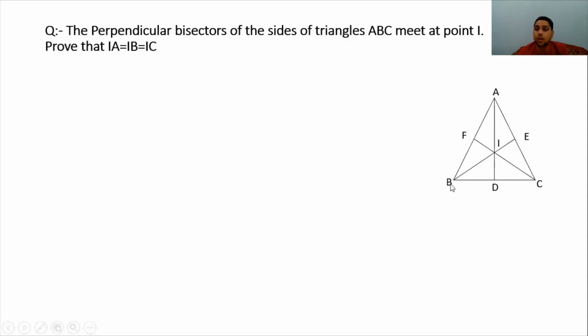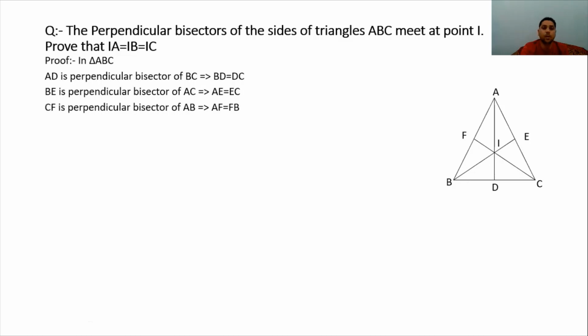Now we begin with triangle ABC. We have three perpendicular bisectors, so BD is equal to DC. This is a condition of the perpendicular bisector.